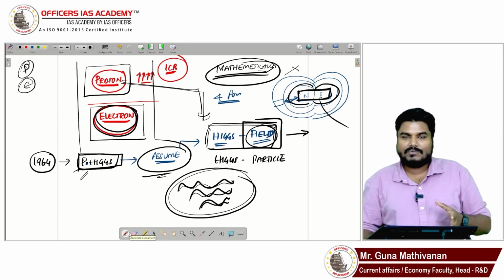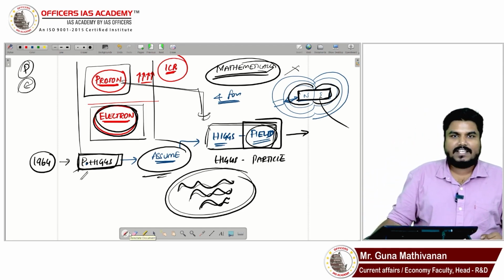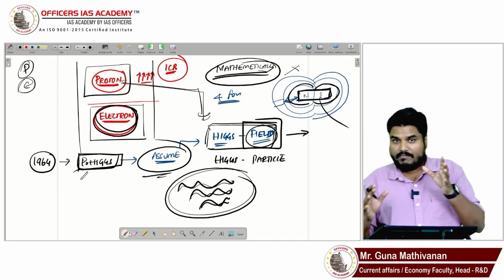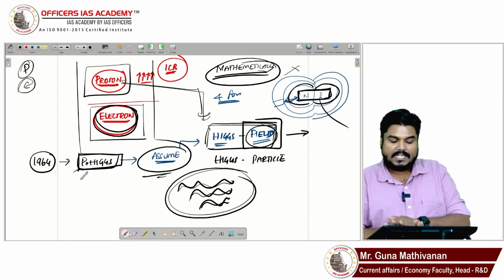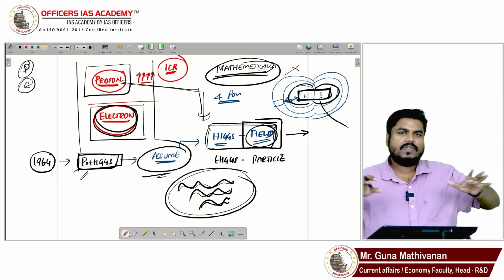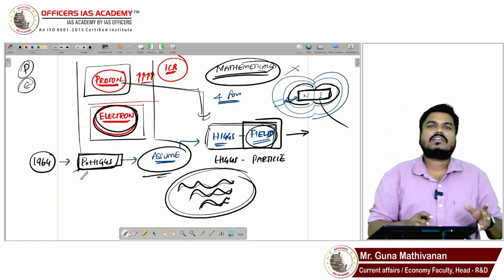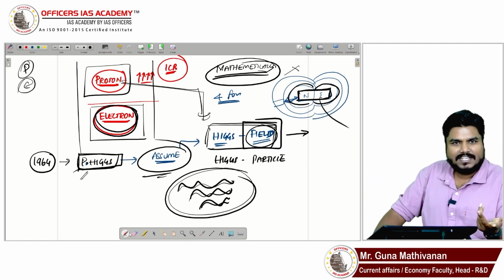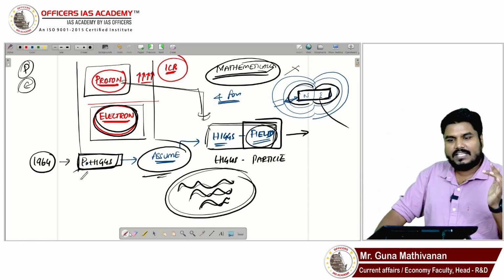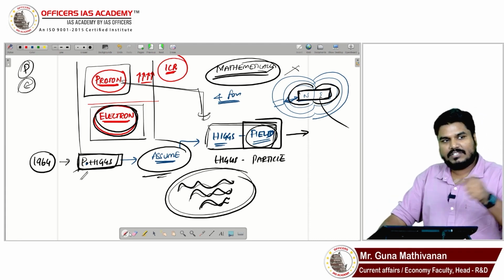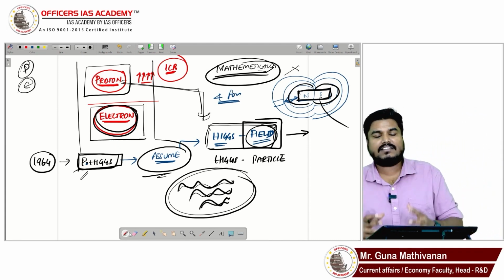So based on this assumption, he was proving that proton and electron do not have any separate weight at all. Based on the interaction with the Higgs field only, it is getting that weight.